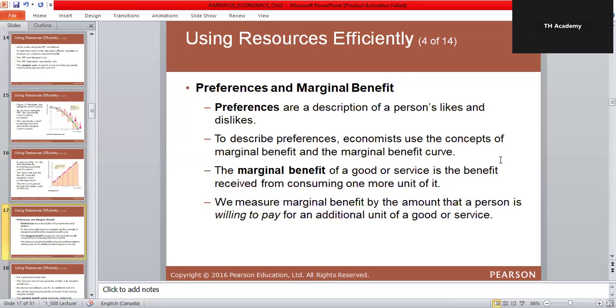So economists use marginal benefit to measure this. Marginal benefit means the extra benefit from consuming one more unit of a good or service. We can measure it by how much someone is willing to give up to get one more unit. For example, if you really want pizza, you might give up 5 cans of cola for that. So that's your marginal benefit.